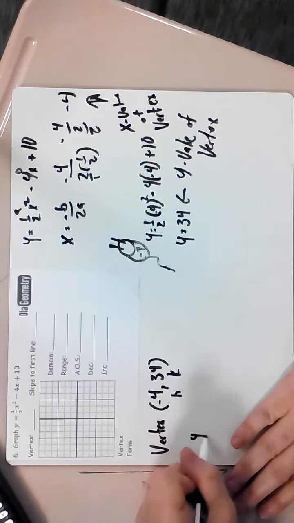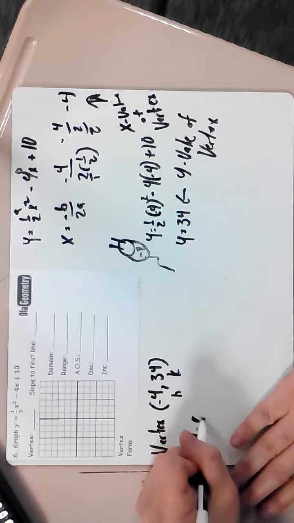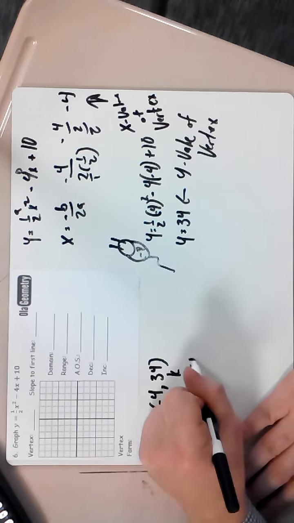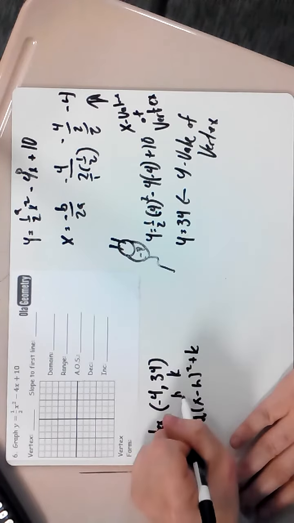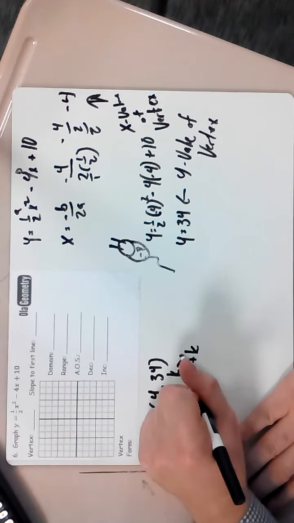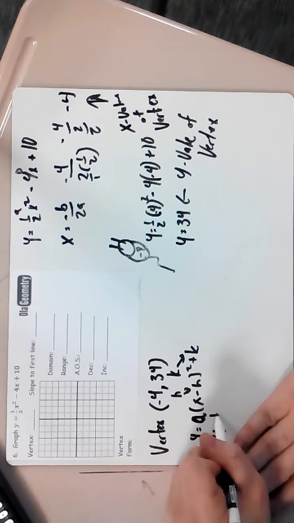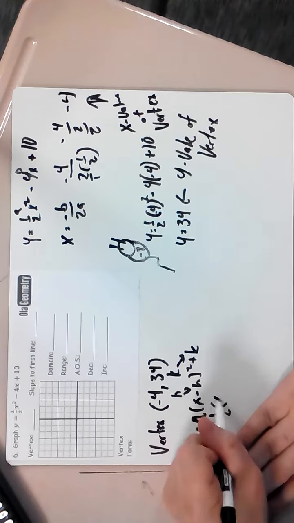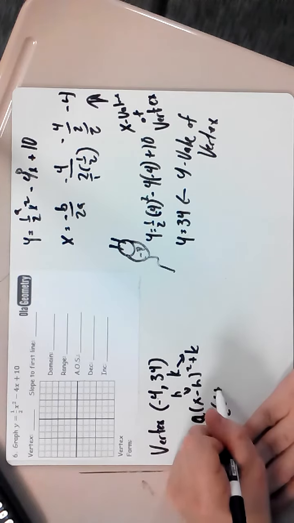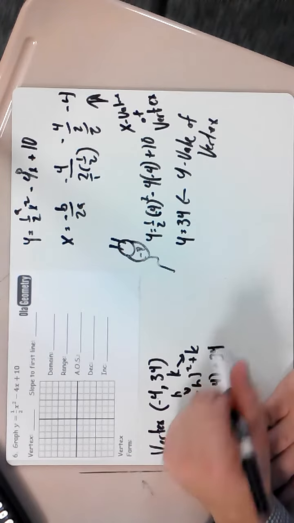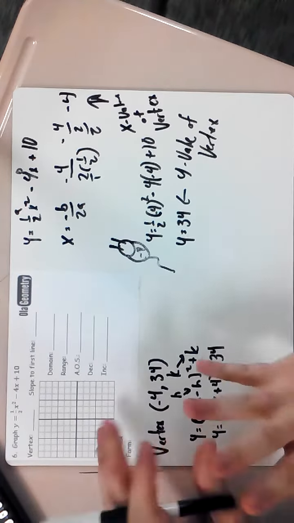I could just plug that right into y equals a(x minus h) squared plus k. I plug that guy right in. He goes there, and he goes there. So y equals, and the a is still the same, so 1/2 times (x plus 4) squared plus 34, because that's a negative, that becomes plus.